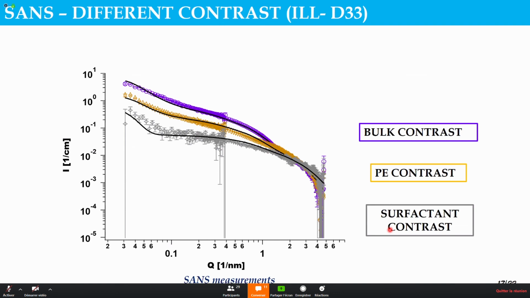I want to ask what software do you use to characterize SANS results? SASView or something else? No, I use SASfit. Oh, okay.